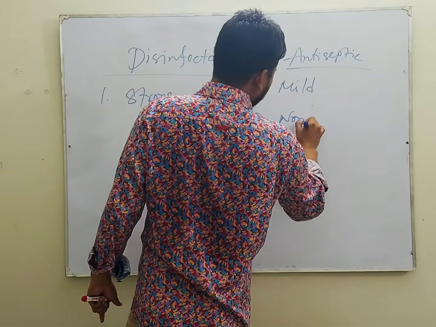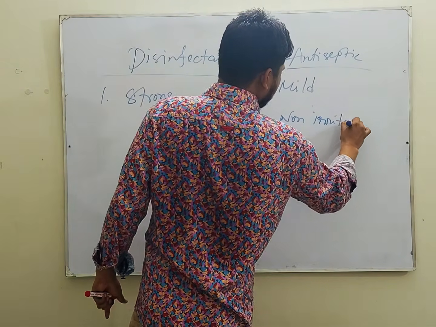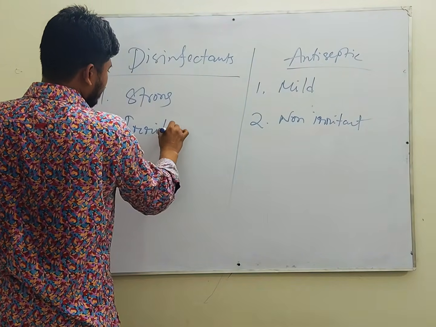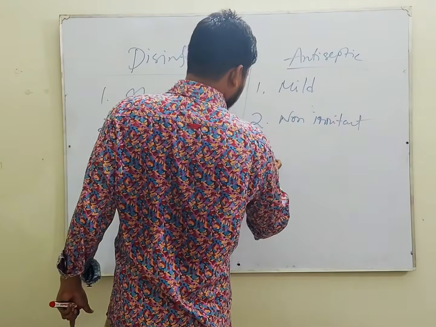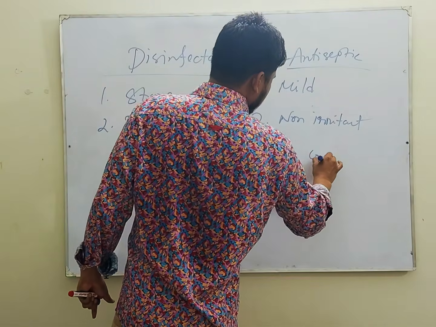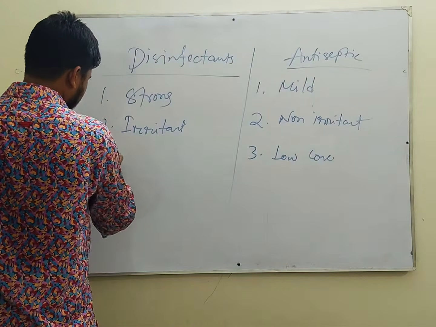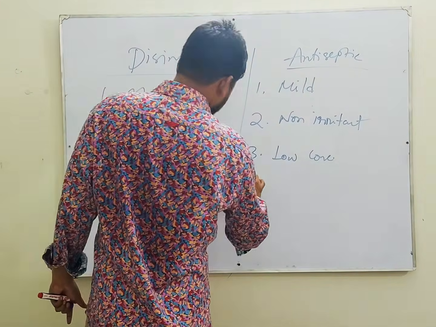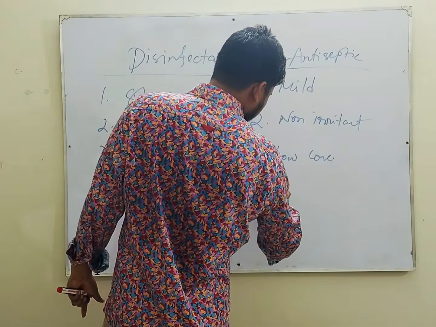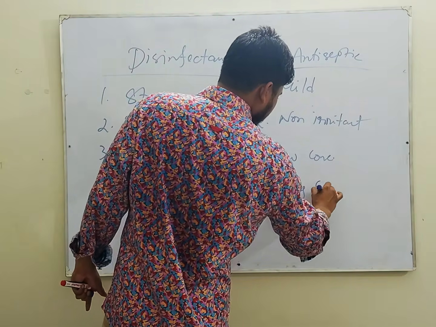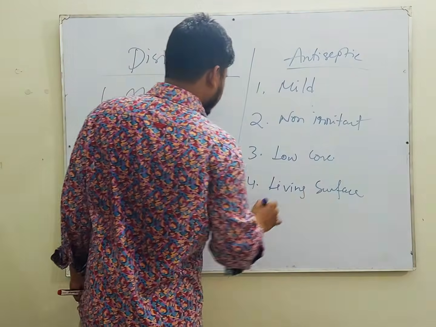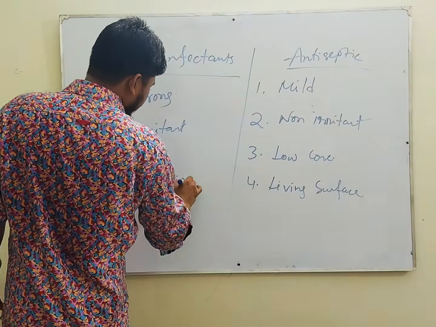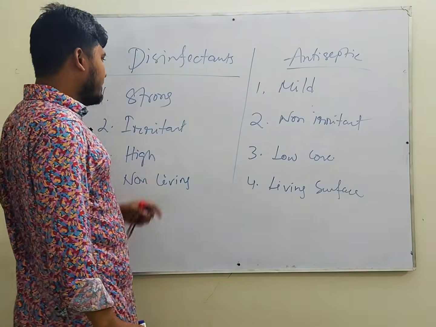Antiseptics are non-irritant, disinfectants are irritant. Antiseptics are used at low concentration, disinfectants are used at high concentration. Antiseptics are used on living surface, disinfectants are used on non-living surface or inanimate surface.